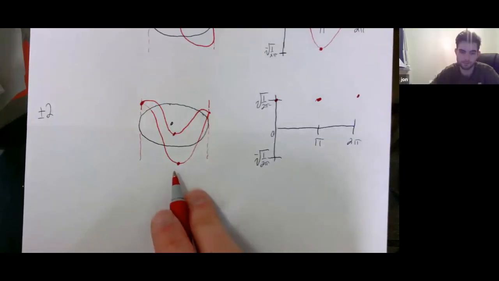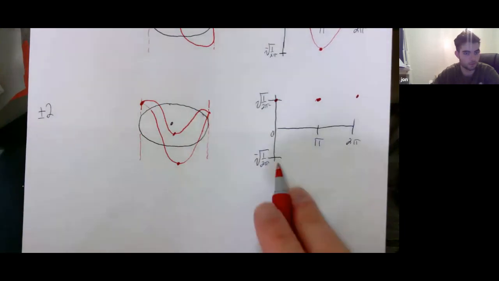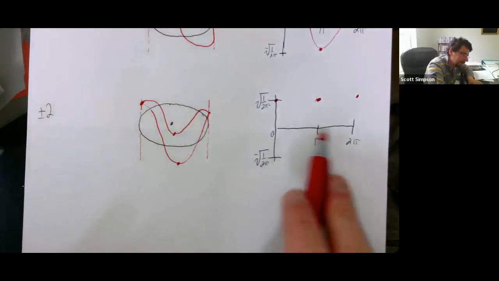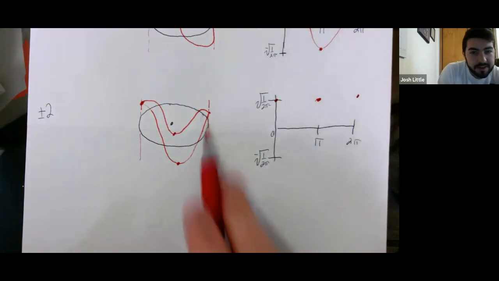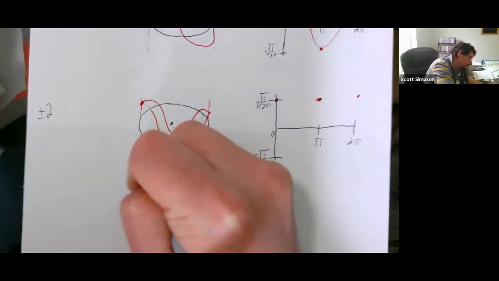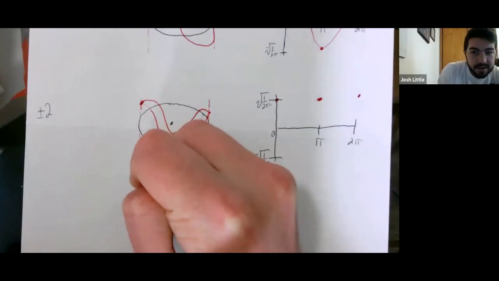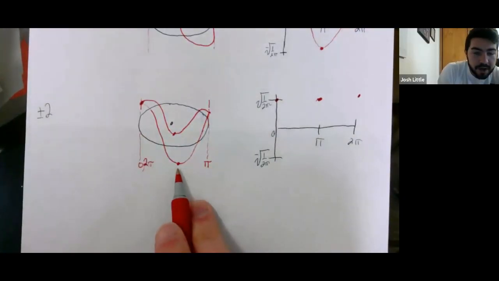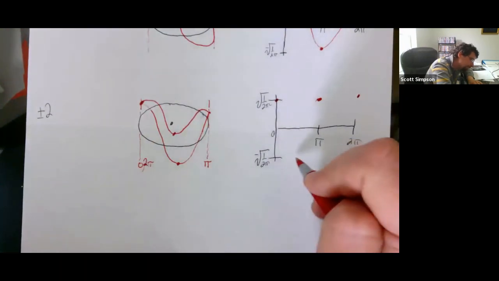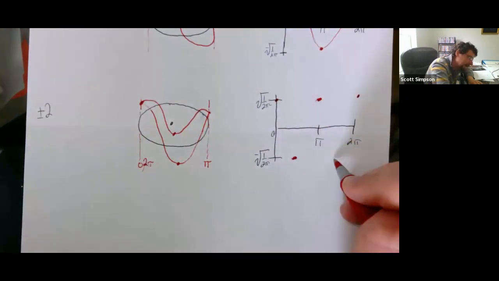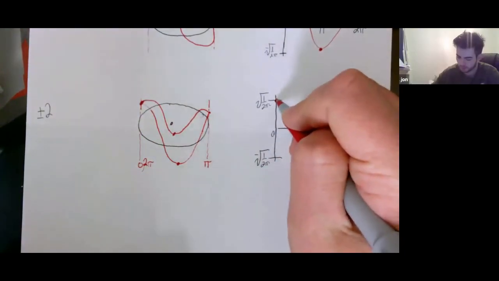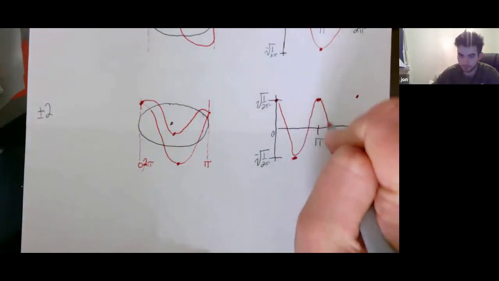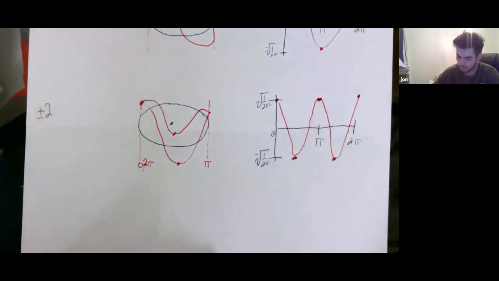Are those at negative 1 over radical 2 pi? Yep, they're down here, but where are they on the x-axis? That's at pi over 2. Yep, so half of pi, and then we have another one that's right there, right?